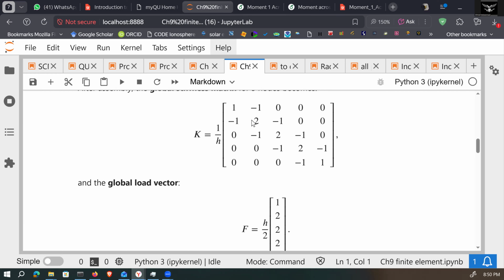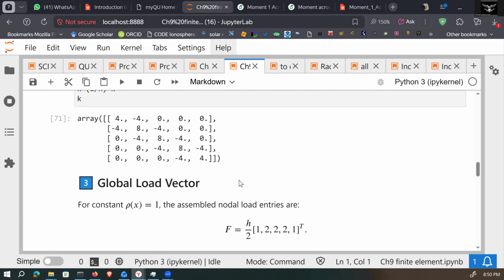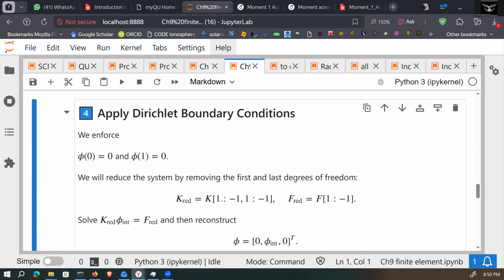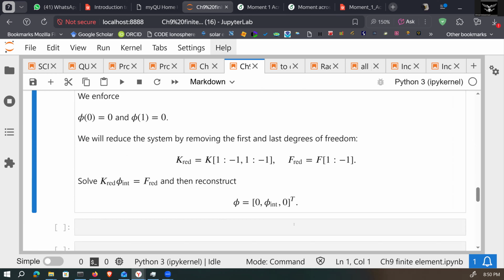So you can only use this region, and we therefore have to ignore both ends of matrix F and matrix K.